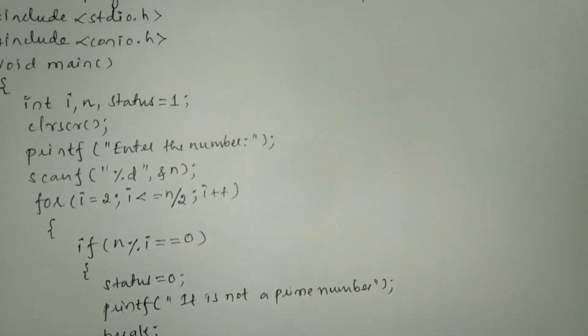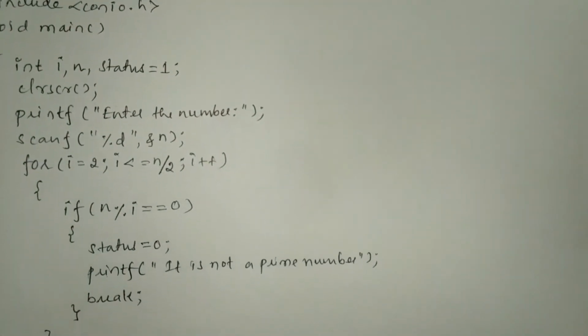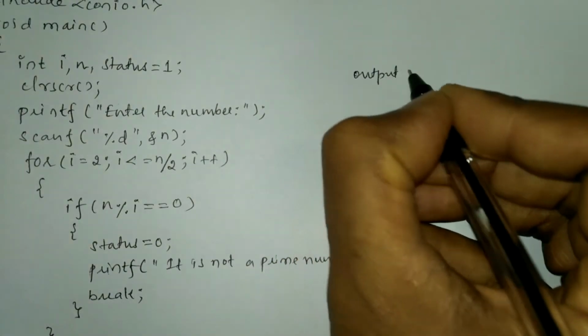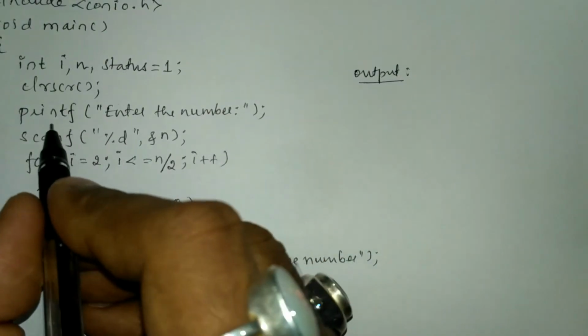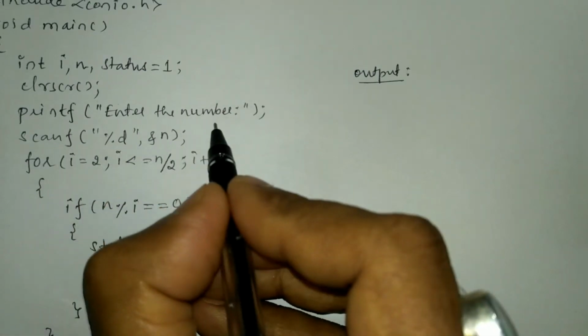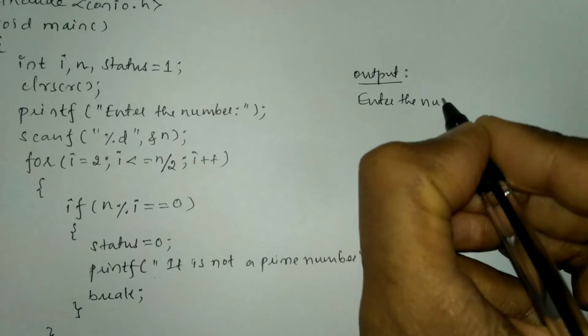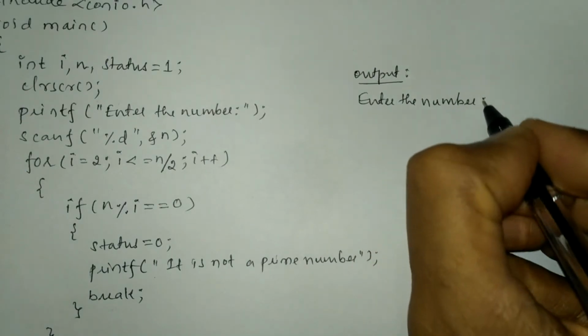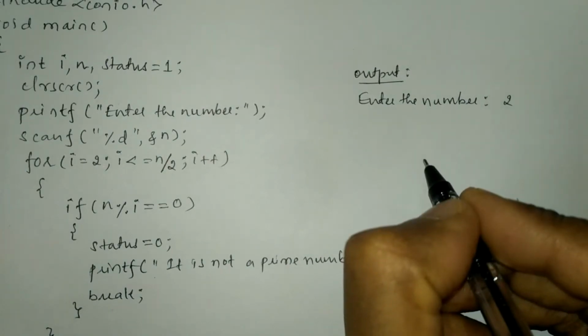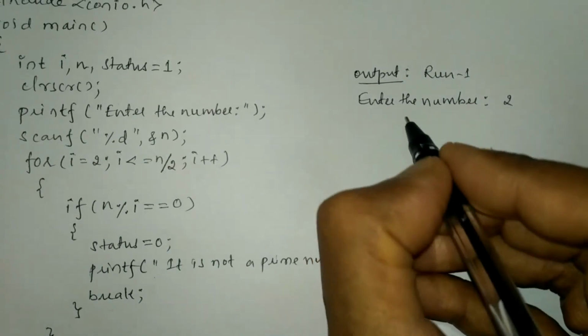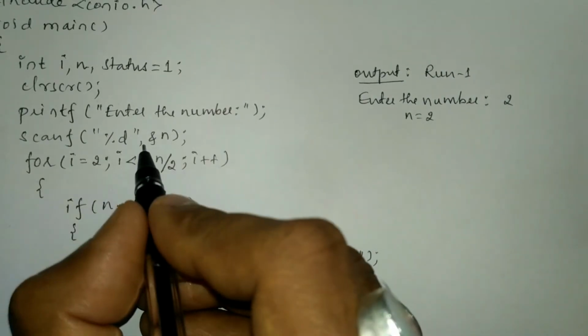Now let us take an example and we'll check how exactly this particular program works. So I'll write the output. When we compile and run this program, it will ask the user to enter the number. For example, I'm going to enter 2. Let us consider this is run 1. So n is equated with value 2.